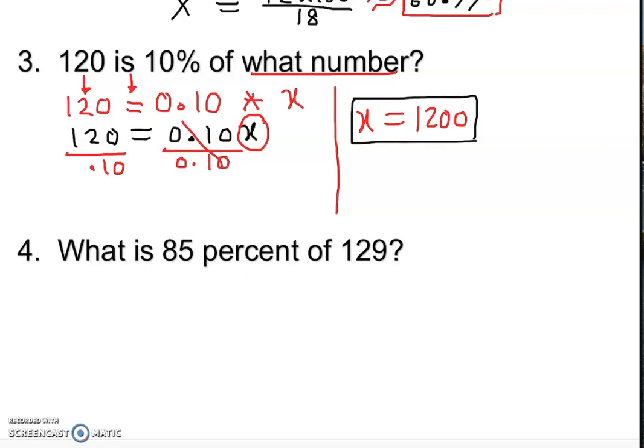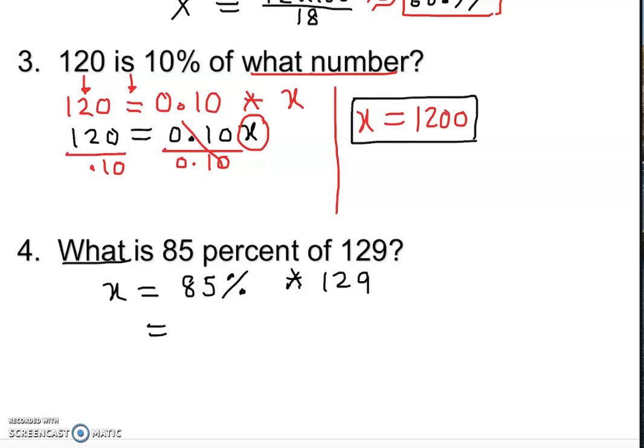Number 4 is similar to number 1 actually, as you see. So we say x is equal to 85%. So 85%, I want to tell you this is what it means: 85% of means multiplication, 120. I just translated. Now if you look into this one here, you multiply it.